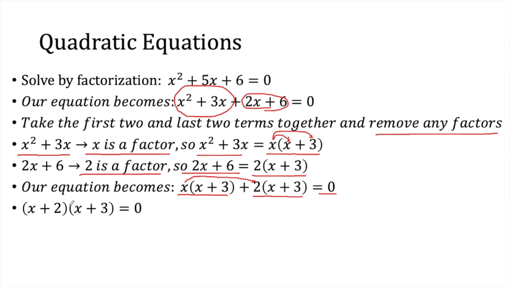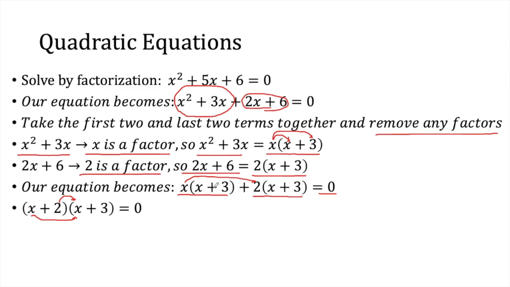If you were to expand this like a binomial, you would get 2 times x plus 2 times 3, which is equal to 2 times the whole of (x + 3). That would be added to x times x plus x times 3, which would be x times the whole of (x + 3). And that's exactly what's here: x times the whole of (x + 3) plus 2 times the whole of (x + 3).